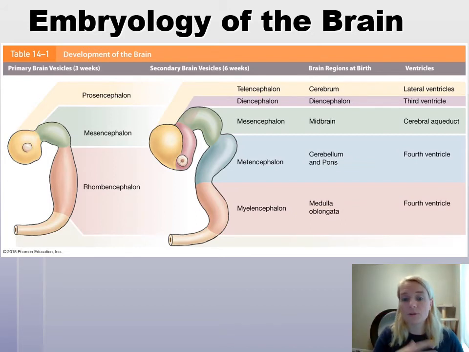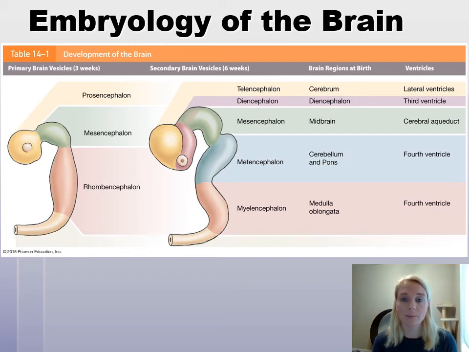So those further develop, growing into the brain of what we typically recognize as a brain. And then those 6-week vesicles are now the brain regions that we just talked about at birth. So the telencephalon is now the cerebrum. The diencephalon is still the diencephalon. Mesencephalon stays mesencephalon. We now call it the midbrain.